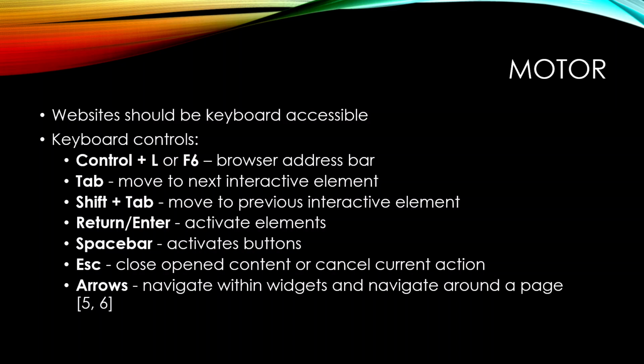Shift and Tab moves to a previous interactive element. Enter activates elements such as links or buttons. Spacebar activates buttons such as to pause or play videos or submit forms. Escape closes opened content or cancels a current action. And arrows navigate within widgets such as tab lists or checkboxes, and they also navigate around a page, such as scrolling up and down.